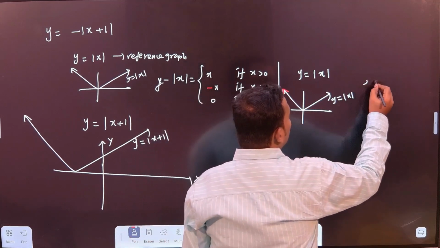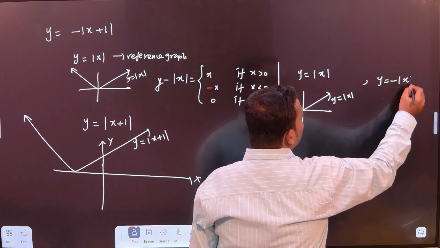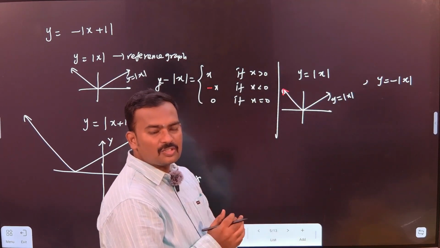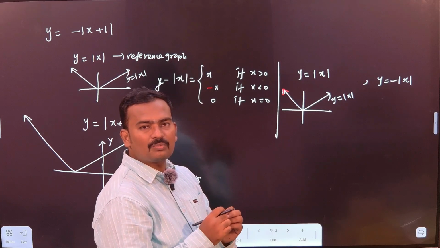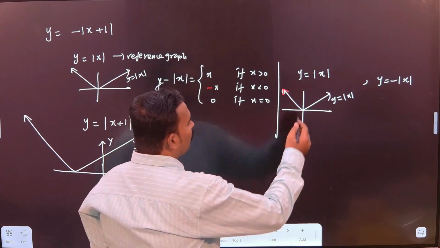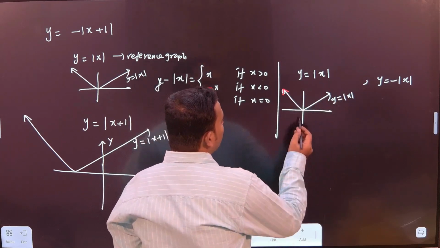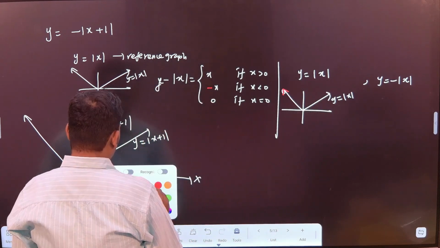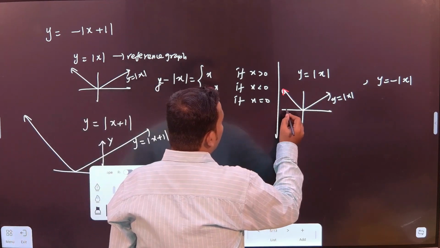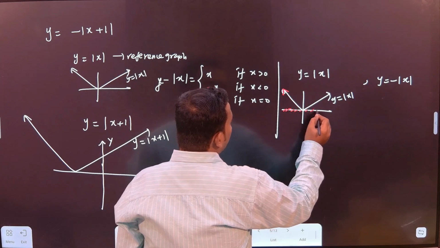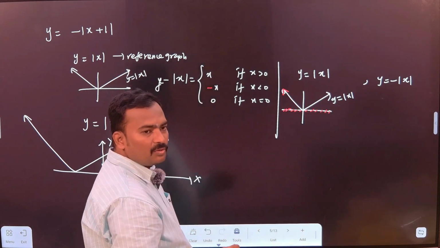Y is equal to minus mod x means we already discussed the transformations, right? F of x changes to minus f of x. So f of x changes to minus f of x means what? Here you have to take the x-axis as the mirror. F of x is your mod x.